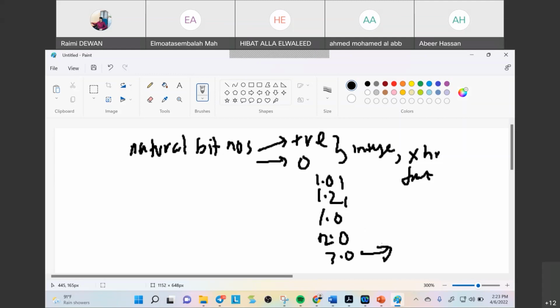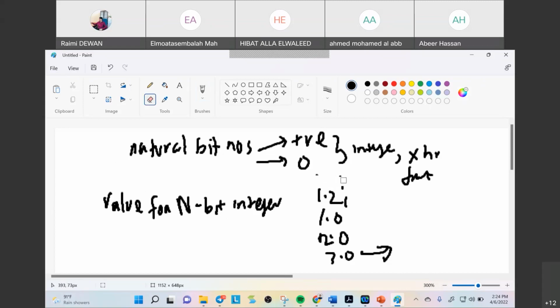So if we want to represent the value for an n-bit integer bit pattern, where n is the total number of bits, this one we call a bit pattern.